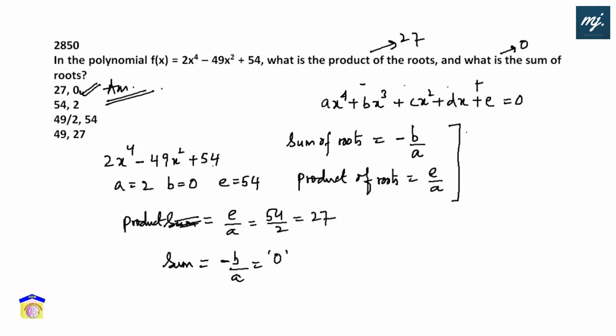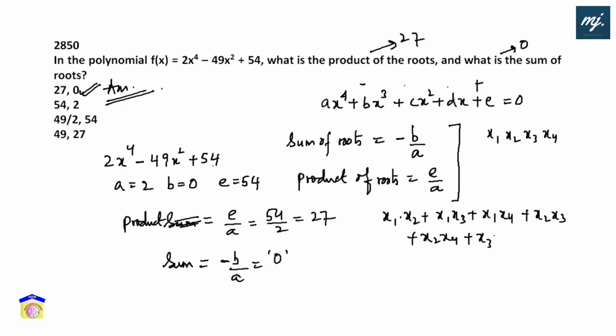Suppose for this biquadratic equation, the 4 roots are x1, x2, x3, x4. Then x1 into x2 plus x1 into x3 plus x1 into x4 plus x2 into x3 plus x2 into x4 plus x3 into x4. That is the product of 2 roots taken at a time.